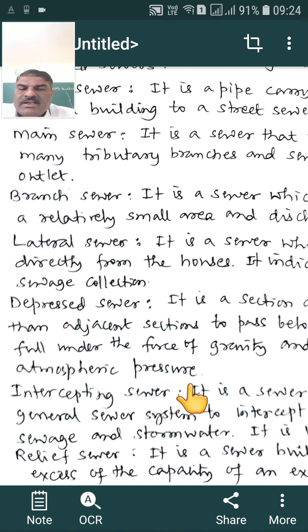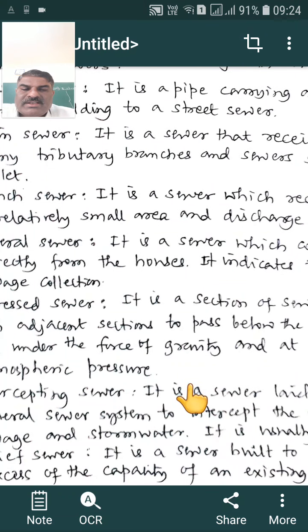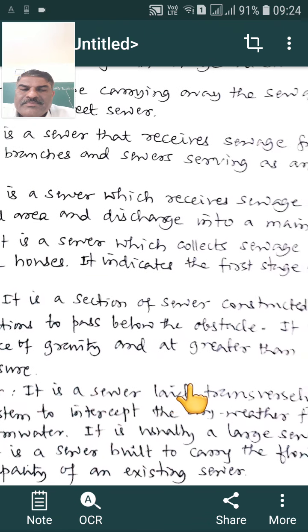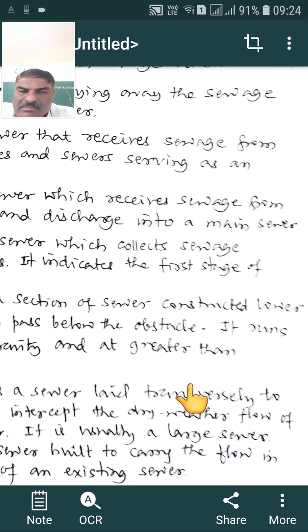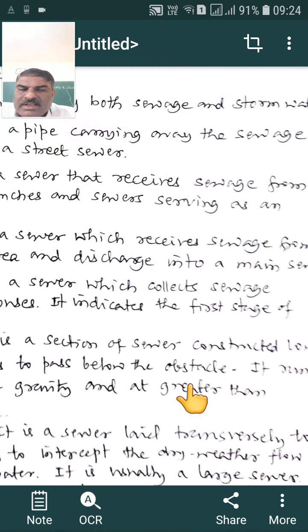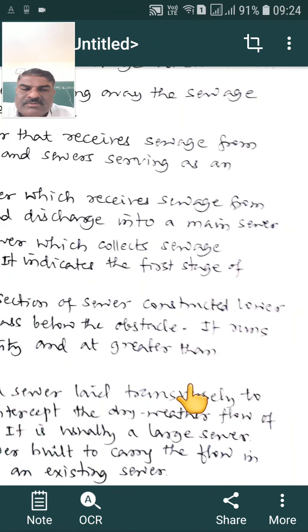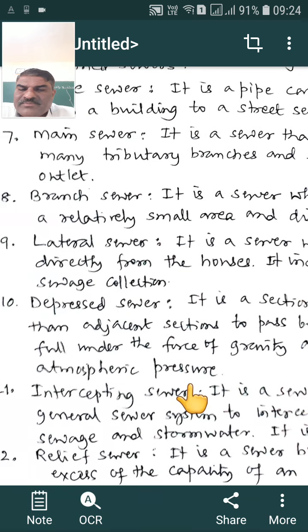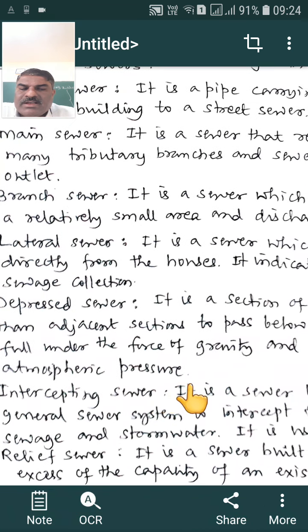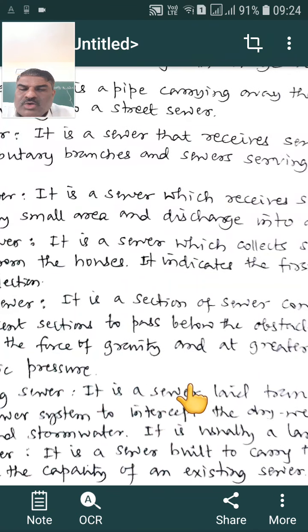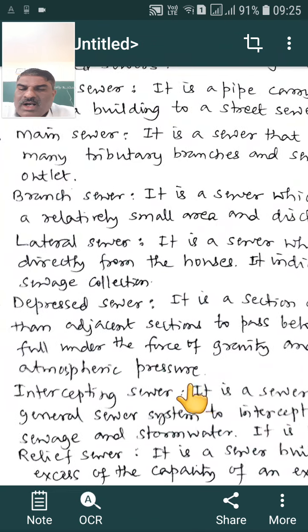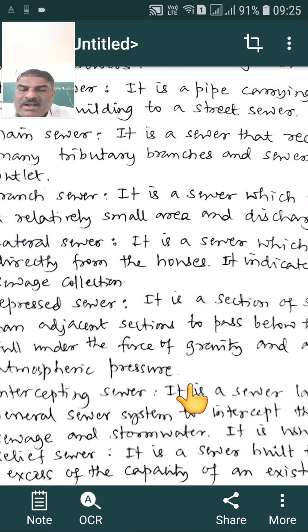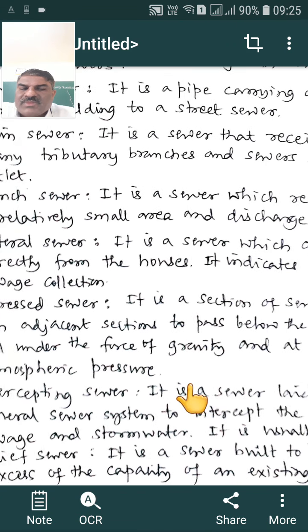Next is intercepting sewer. It is a sewer mainly laid transversely. Transversely means perpendicular to the general sewer system, to intercept the dry weather flow of sewage and storm water.